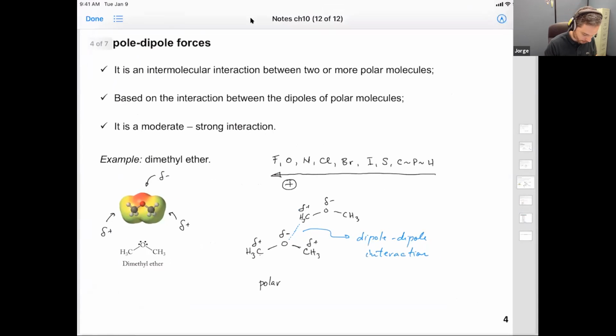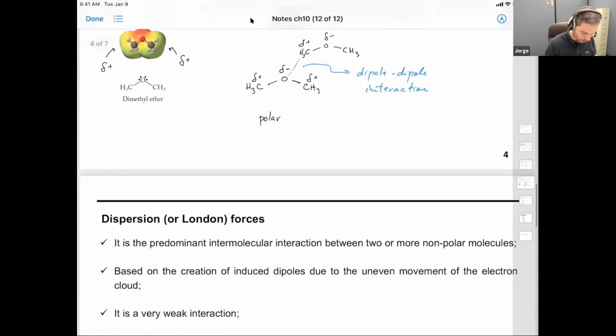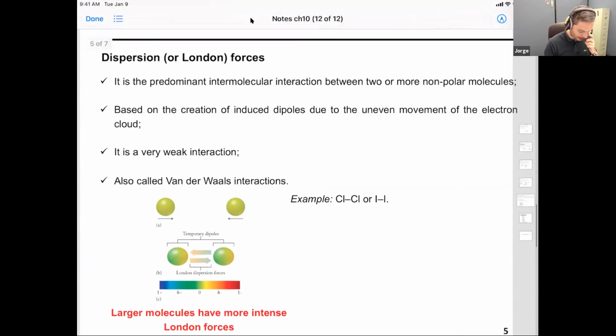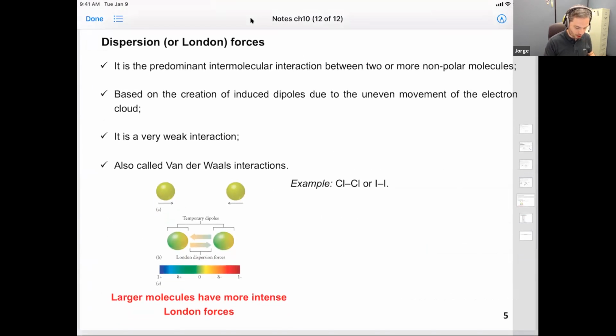Okay, very good. All right. So now what's left here is the weakest interaction possible between molecules. And this interaction will be the last one that we are going to tackle here. It is called dispersion forces, or also called London forces or van der Waals interactions.